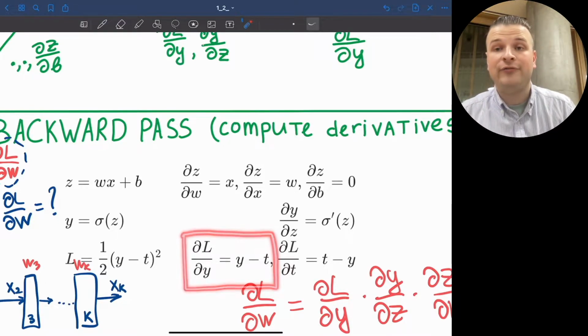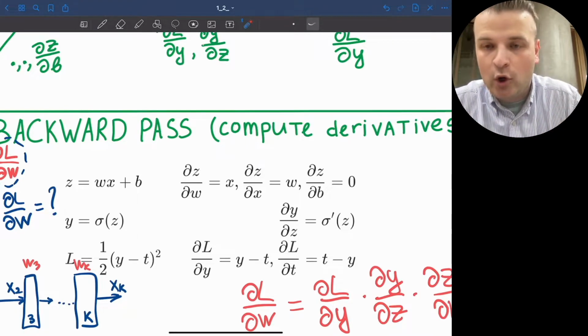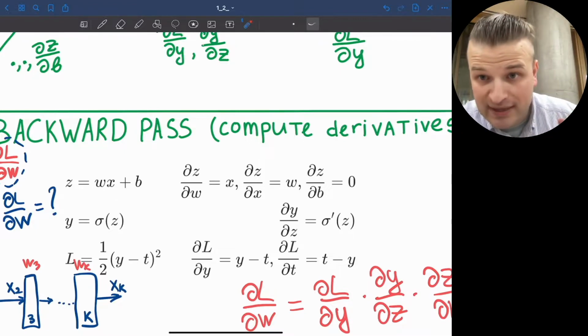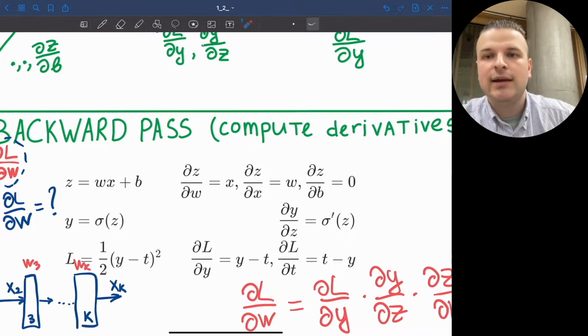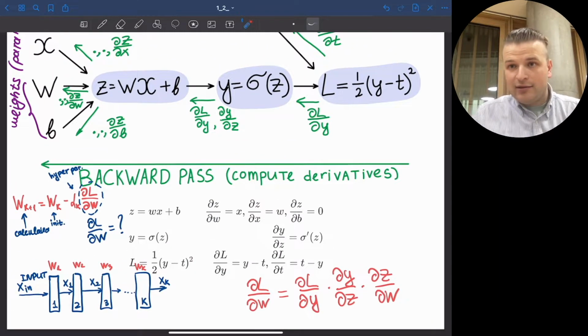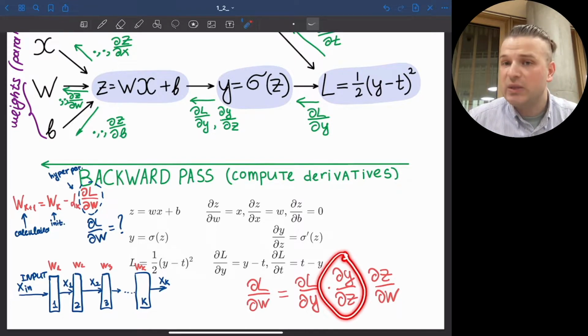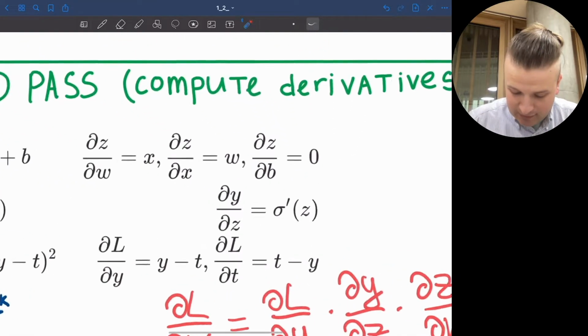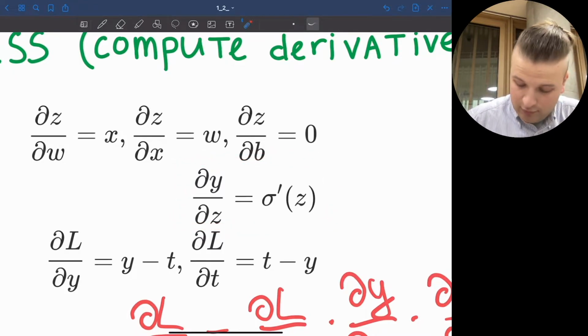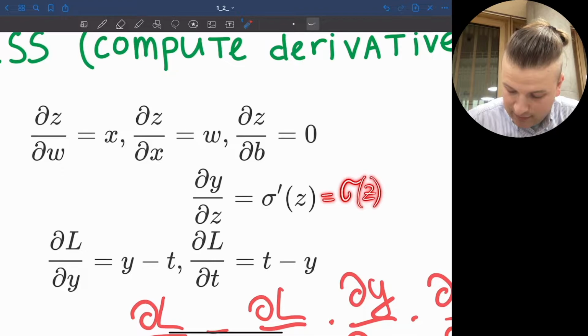And actually, you have a specific value of y and t, which was obtained during the forward pass. We store all this intermediate information which was used during the forward pass. And later we have this derivative, dy divided by dz, which is also a pretty simple derivative. For example, here is the derivative of a sigmoid function, and you know how to take this derivative.